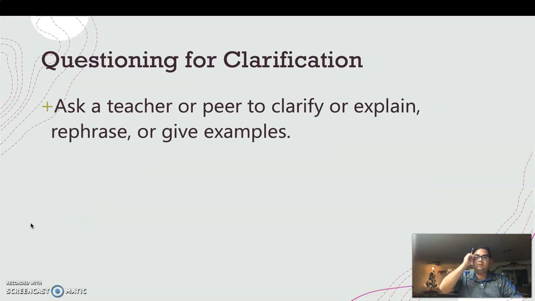The next is questioning for clarification. This is when a student asks a teacher or peer to clarify or explain or to rephrase something and give examples. Now, in my classroom, personally, I love this. In our school, we use the CHAMPS method, so this would be under the H for help.